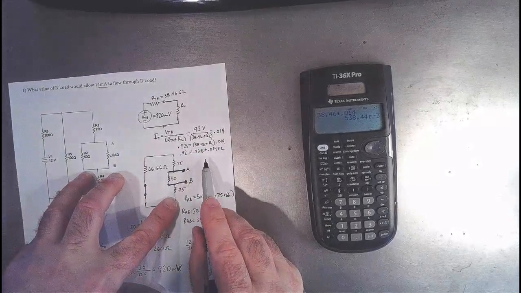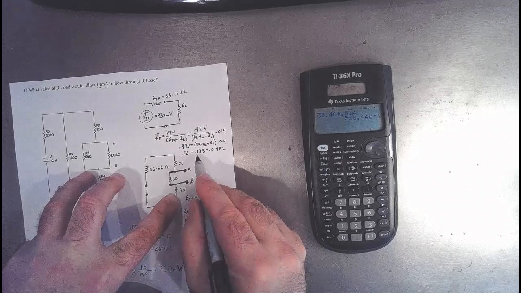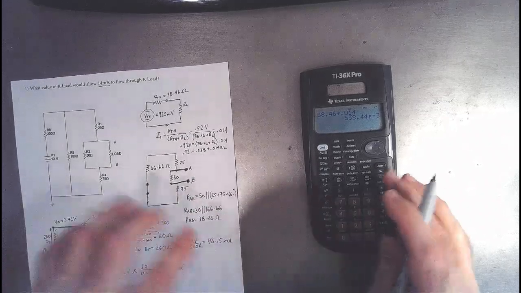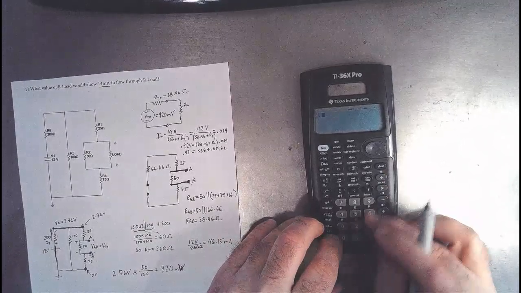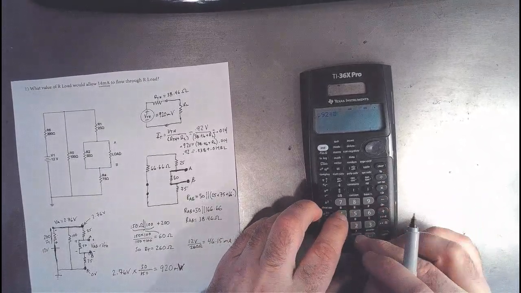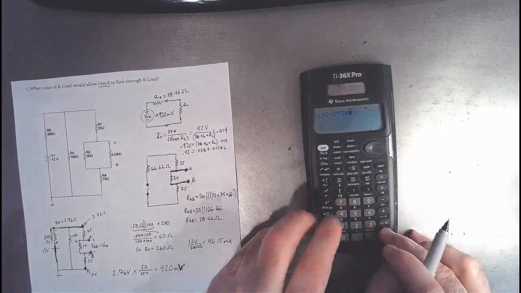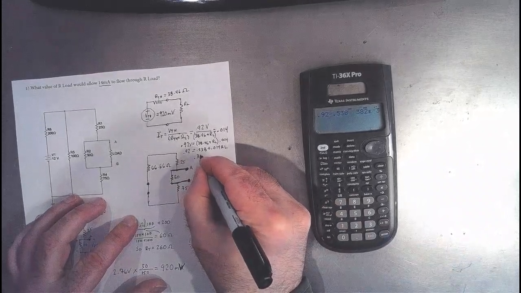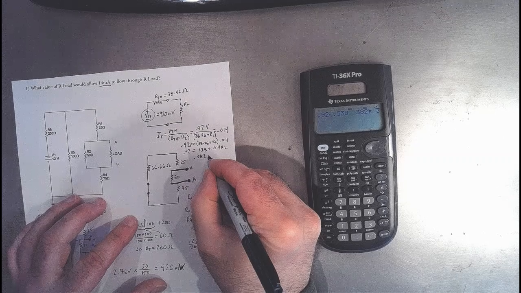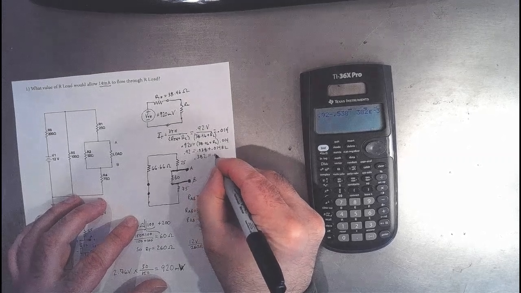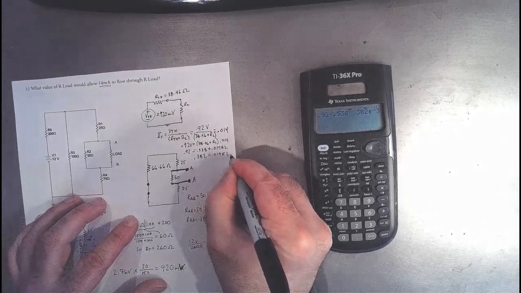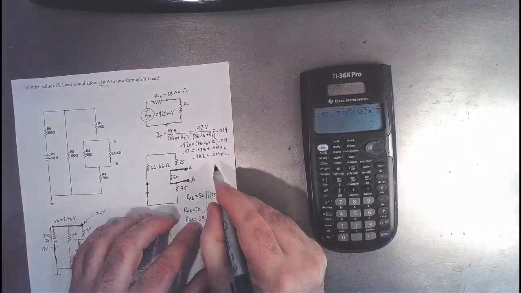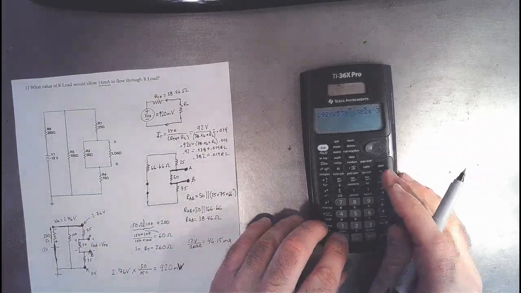All right, so let's subtract 0.538 from both sides. 0.92 minus 0.538 is 0.382, and that equals 0.014 RL. And we're going to divide both sides by 0.014.